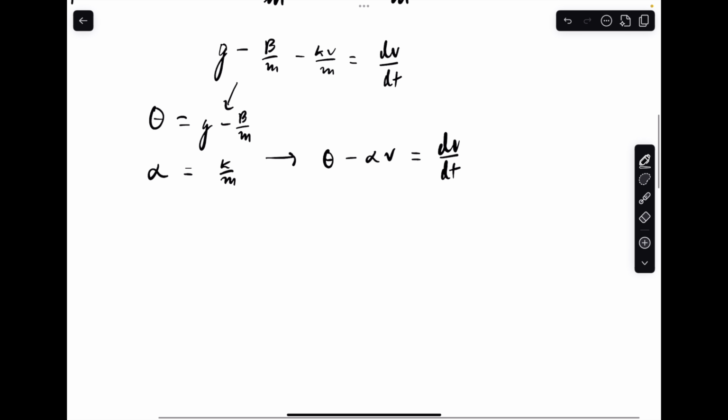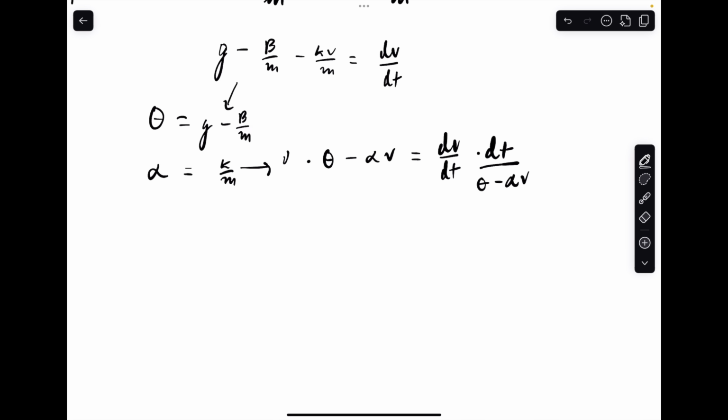And now this looks a little complicated, but when you realize this is just a constant, and this is just a constant, it's way easier. So now I'll multiply by dt and divide by theta minus alpha v on both sides.